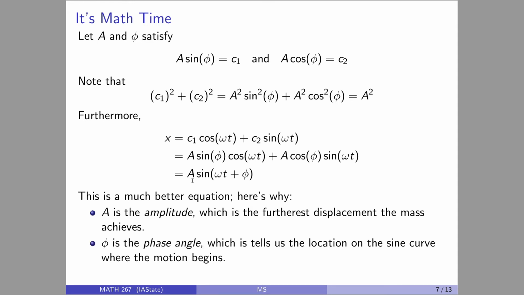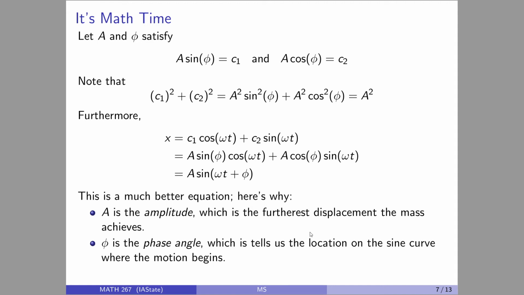Now phi, which is called the phase angle, tells us something also about how the motion behaves, right? Because it's a shifted sine curve, it's going to be oscillating like sine. Phi tells me where on the sine curve we begin.